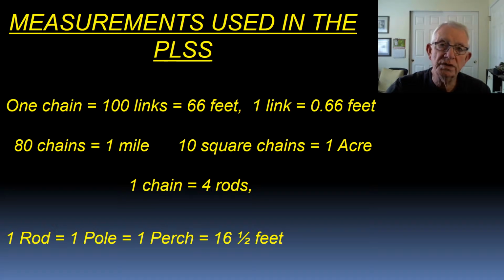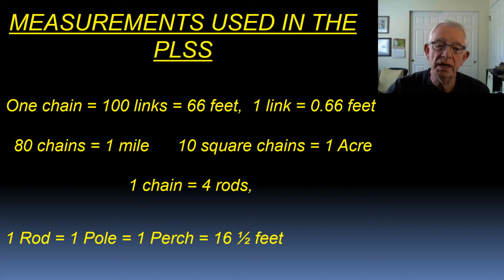The chain was selected because one chain equaled 100 links. Now, that means that the chain was 66 feet long, so one link would equal 0.66 feet. But here's the genius of it. 80 chains would equal 1 mile. 10 square chains would equal 1 acre. And one chain would equal 4 rods.